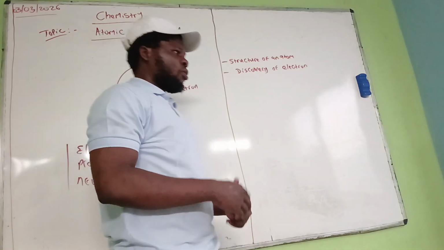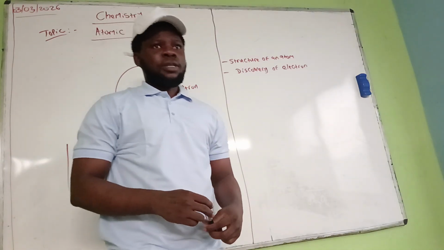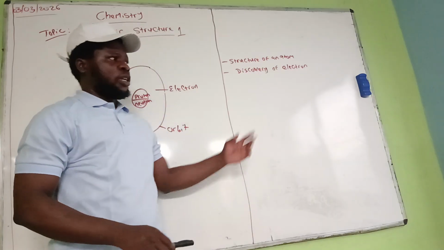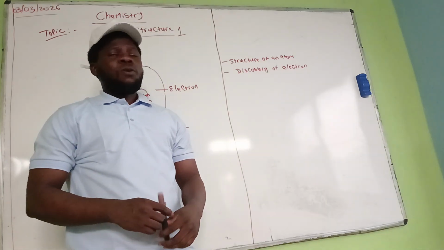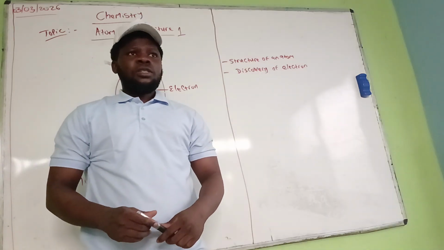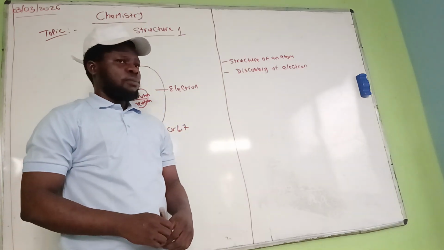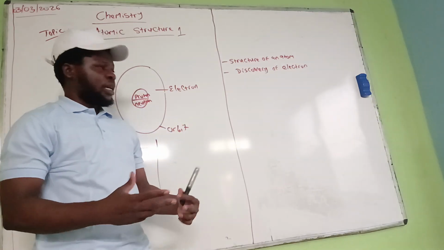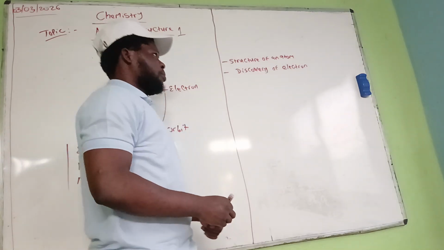We have all other scientists too that contributed to the discovery of the electron, but the most accepted one is the one J.J. Thomson discovered or practicalized on.